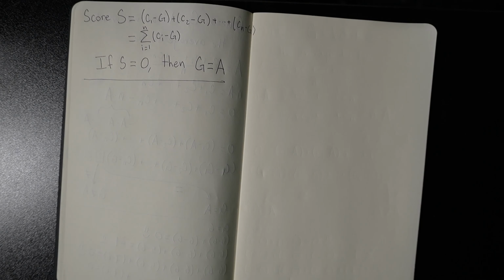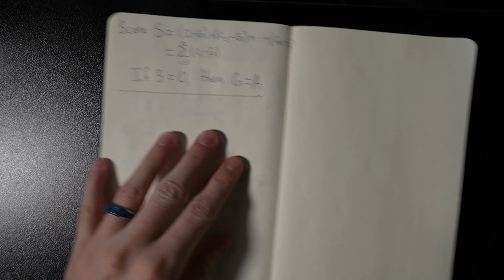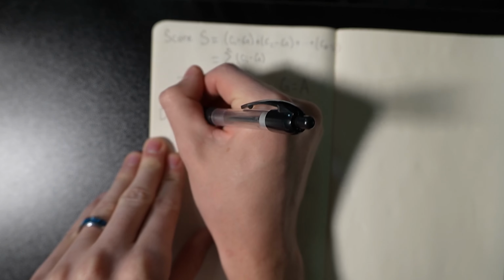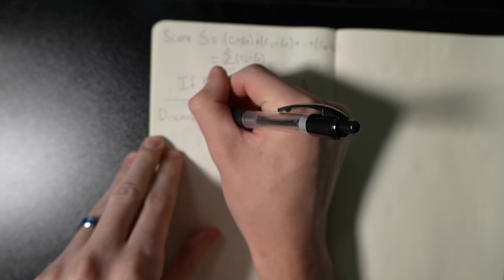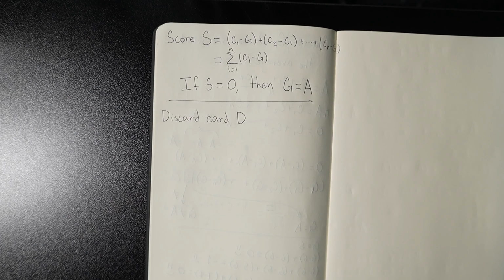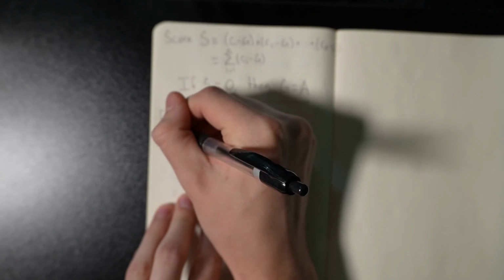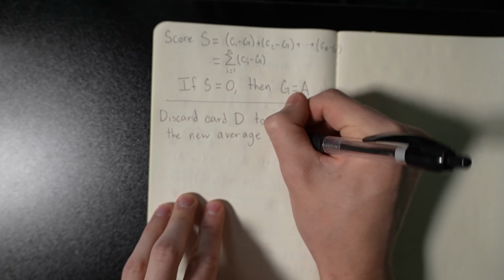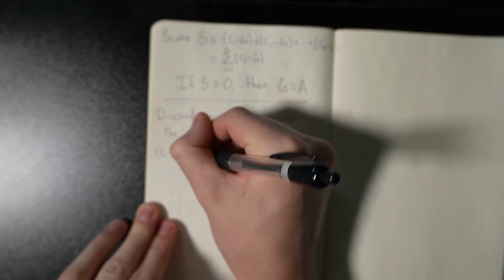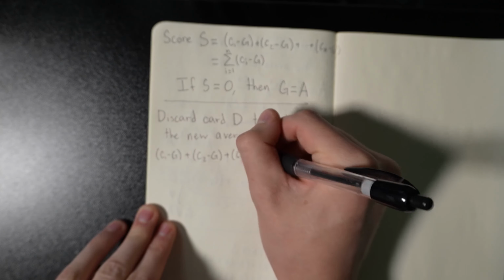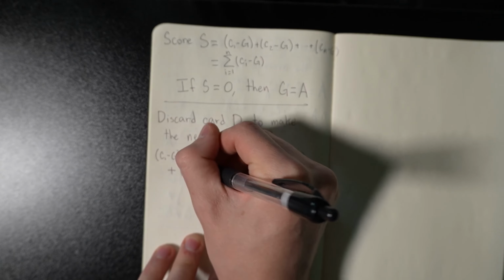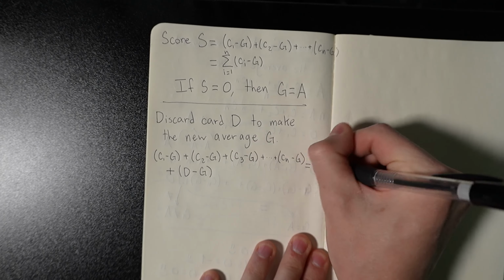The score gives us all the information that we need. Let's say it's our turn, and the discard pile has the cards c1 through cn. We would hope then that there's a card in our hand, we'll call d, which we can discard to make the score 0. That is, we want d such that c1 minus g plus c2 minus g plus all the way up to cn minus g plus d minus g is equal to 0.